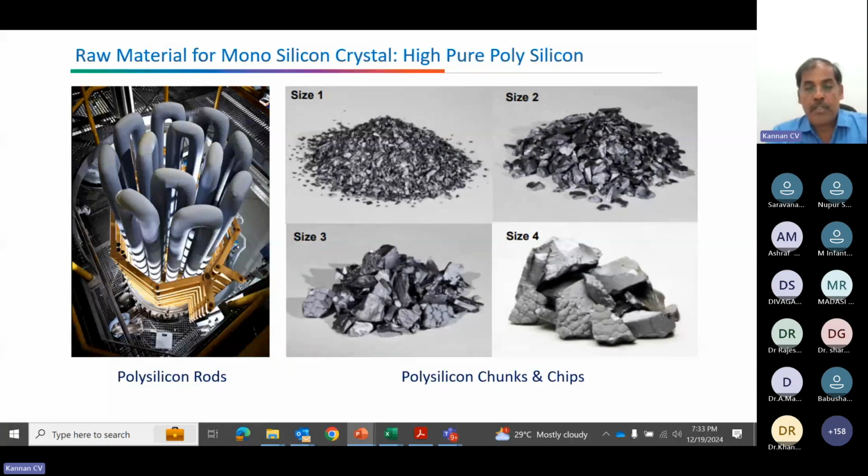The polysilicon material size also becomes very important. For a certain crucible size, if you use only big chunks, you cannot load more polysilicon.